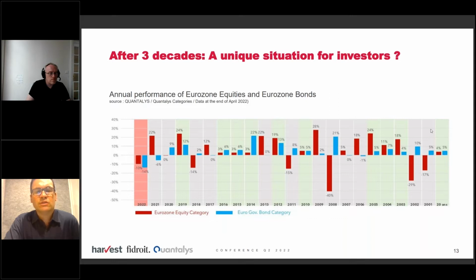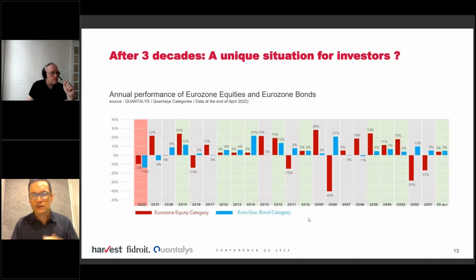As you can see, the impact on the market is huge. It's again a unique situation for investors in the last 3 decades. We never saw this kind of situation. On the graph, you have the annual performance of equity in red, and the annual return of fixed income, the Eurozone bond category, in blue.